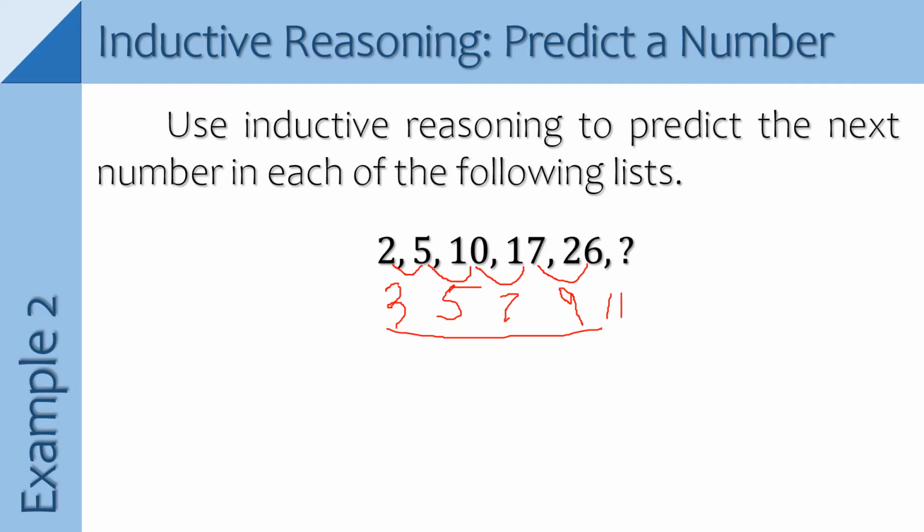Since they are all odd numbers starting with 3, the possible number that we should add to 26 is 11. So 26 plus 11 is equal to 37. That's the answer.